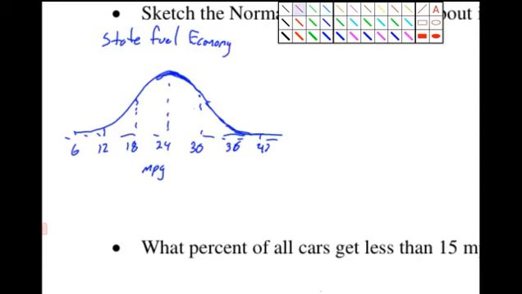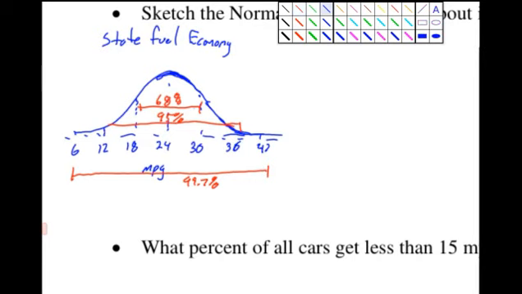Now put in the empirical rule: 68%, 95%, 99.7%. Now we want to describe it.